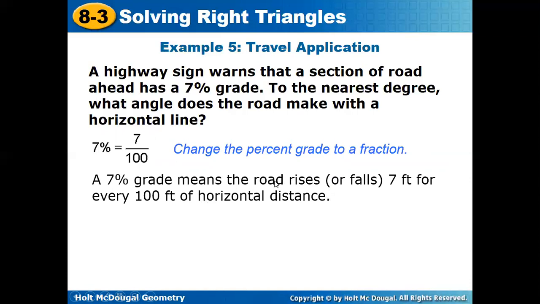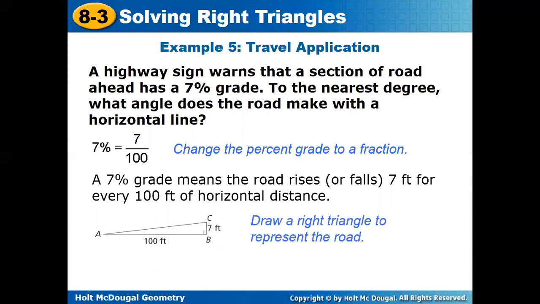A 7% grade means the road rises or falls 7 feet for every 100 feet of horizontal distance. So we have now a right triangle like this. Every 100 feet, the road rises 7 feet or falls 7 feet. The question, to the nearest degree, is what angle does the road, represented by AC, make with the horizontal, which is AB.